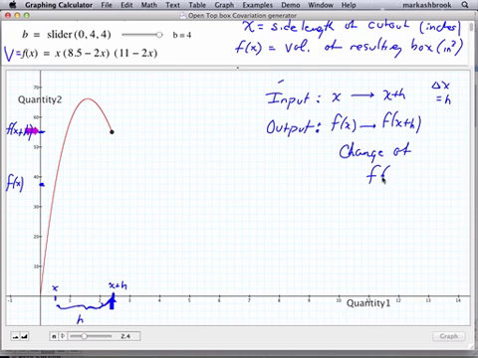So the change is going to be the final output minus the initial output. It's this change right here, from the starting output to the final output. Changes this much.